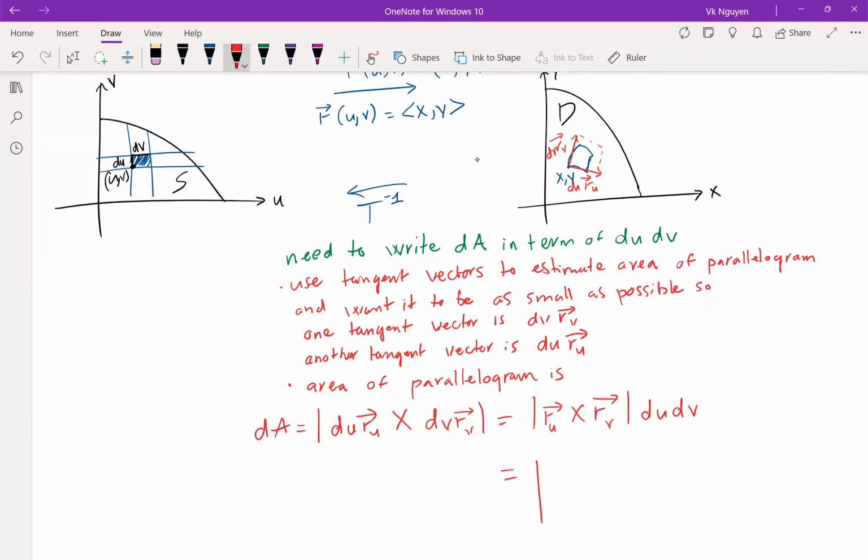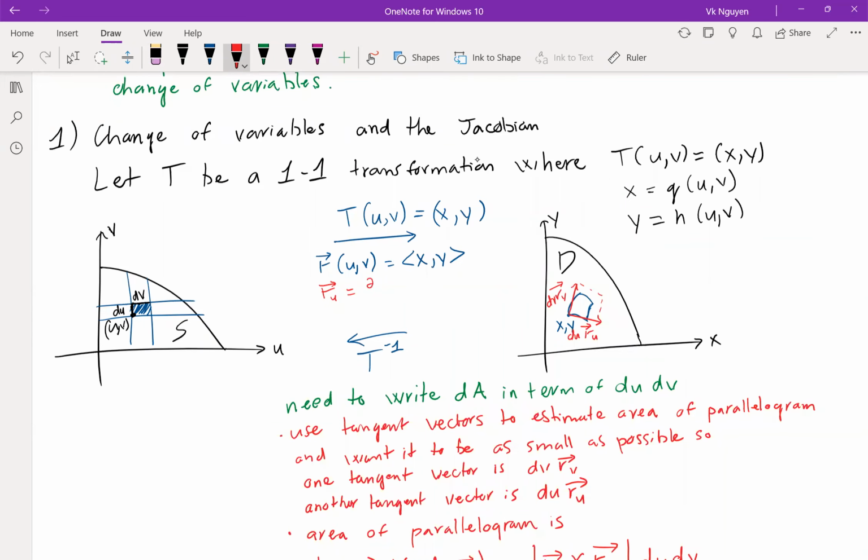You remember the cross product with i, j. So what is r_u here? The partial derivative with respect to u of x.